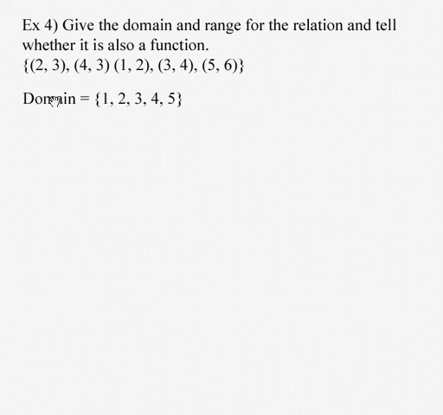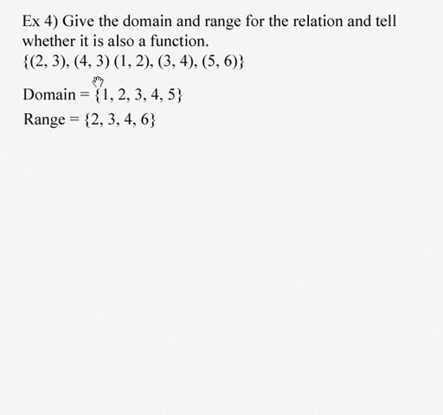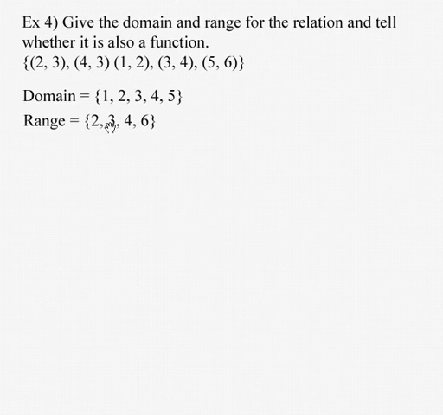So the domain is the set of numbers 1, 2, 3, 4, 5. The range would be the y values then. Now 3, we'll come back to that in a second, but we've got 2, putting them in numerical order. 3 appears twice. You remember that in a set, you don't write it twice, you just write it once. So that's why it looks like there are 5 points for the domain, and only 4 points for the range, but that's because we have the repetition of the 3.